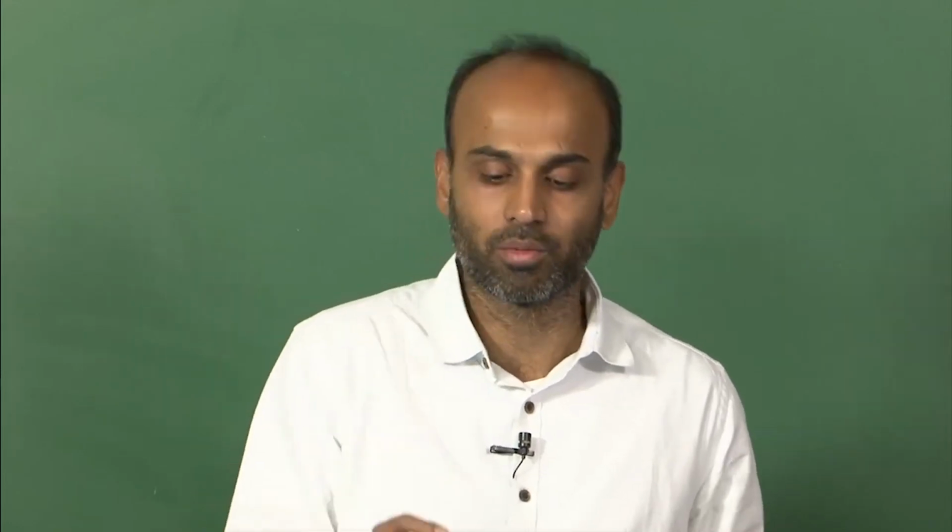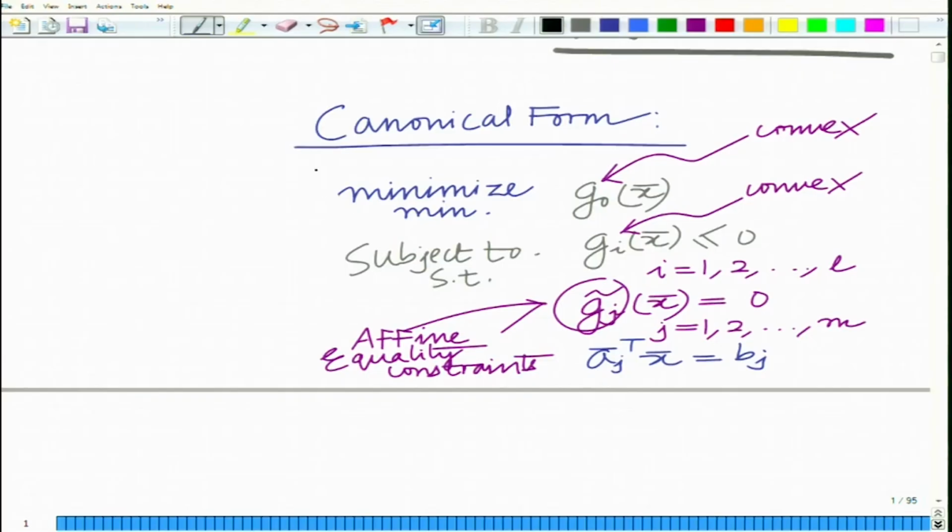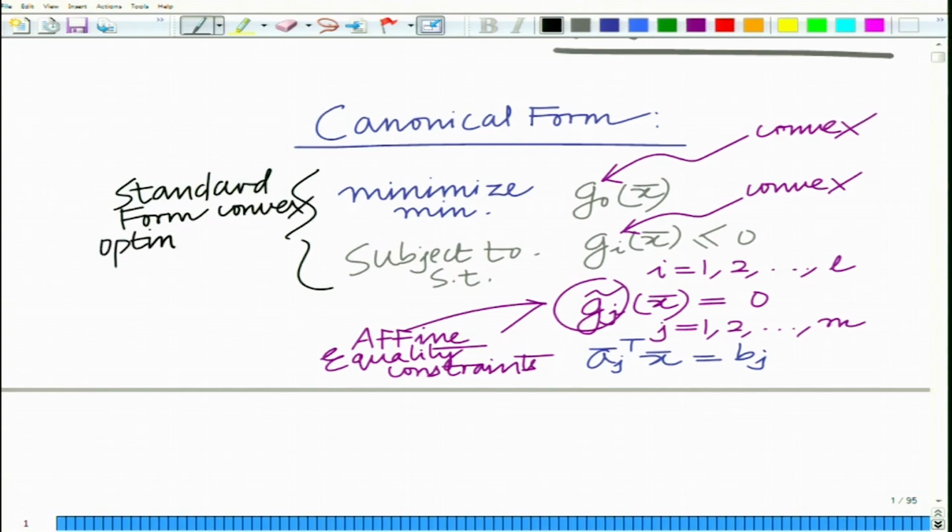This is the standard form of a convex optimization problem. You can think of this as a standard form convex optimization problem.